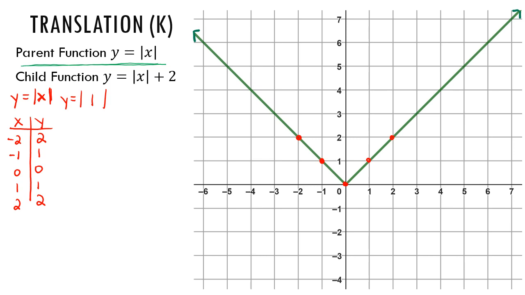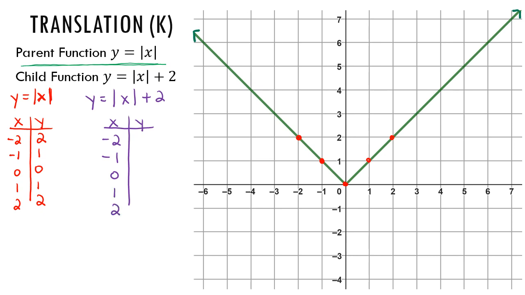Okay, so now I'm going to go ahead and I'm going to make another little table just so you can see where these things are coming from. And I'm going to now do the child function. Okay, so now I'm going to make a table for this. I am going to use the exact same x's as before. -2, -1, 0, 1, and 2.